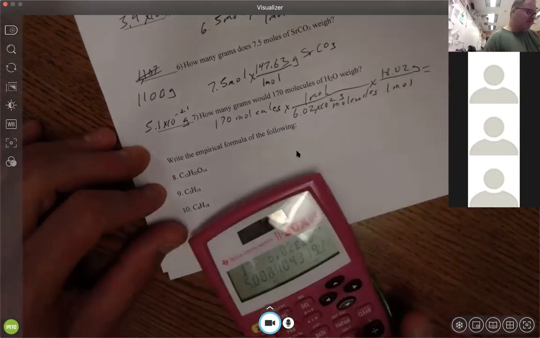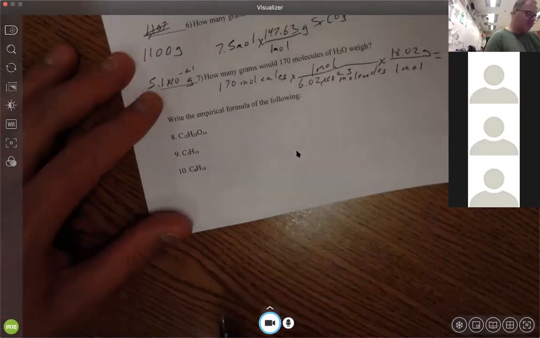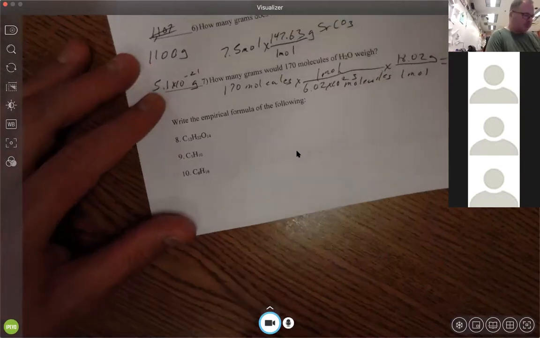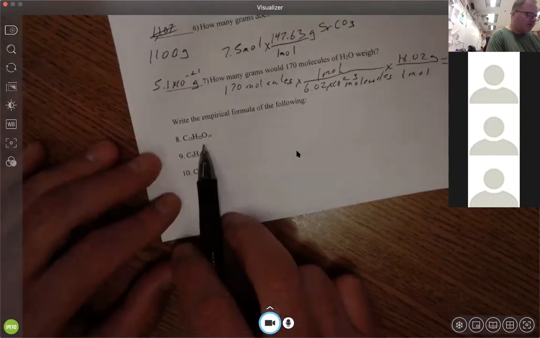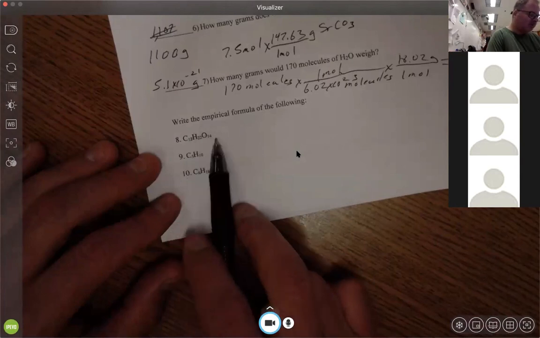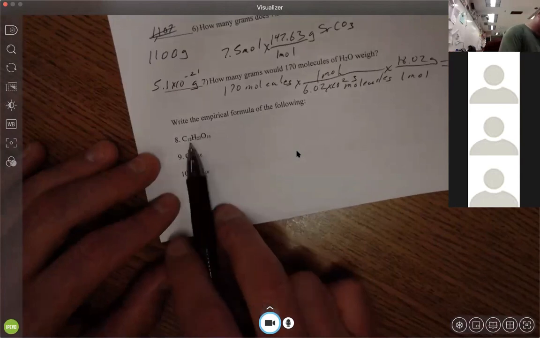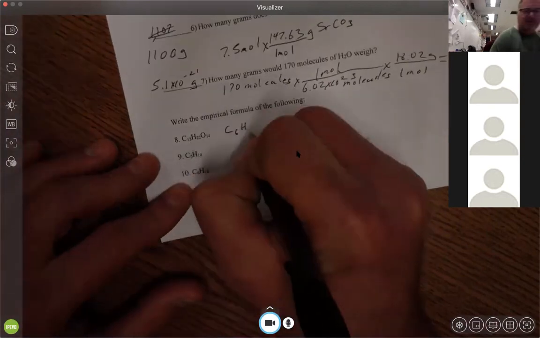The last thing on there, besides percents and moles to grams, grams to moles, atoms to moles, is the empirical formula. So if you recall, basically you've got to find a number that can divide all of these. Looks like for this one, it's going to be 2. 2 can divide 12 into 6, 22 into 11, and 14 into 7.